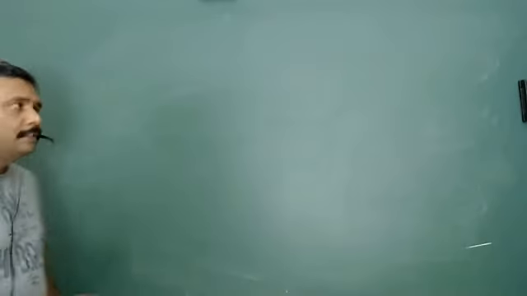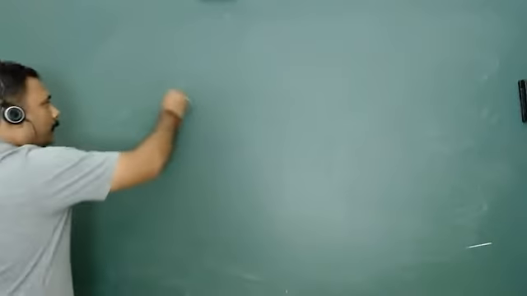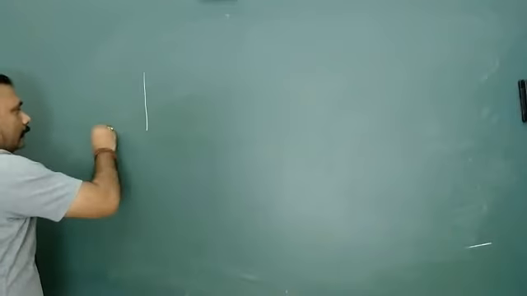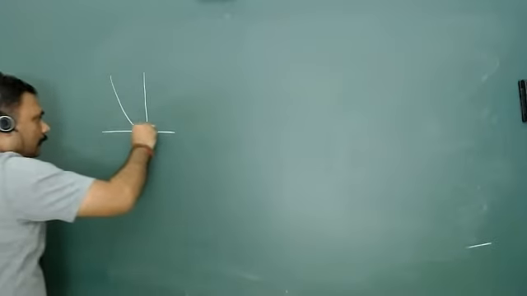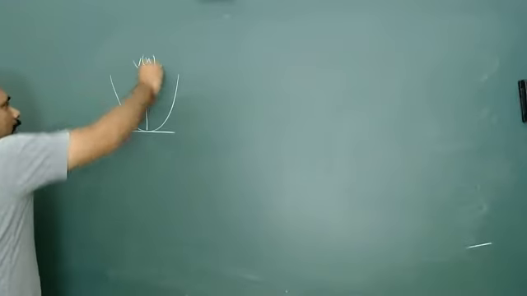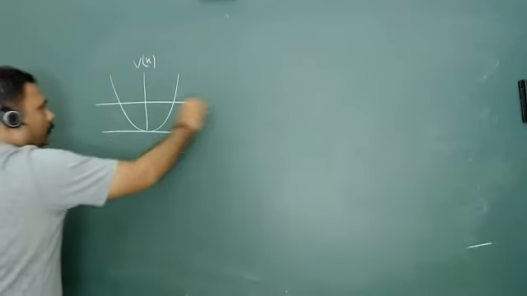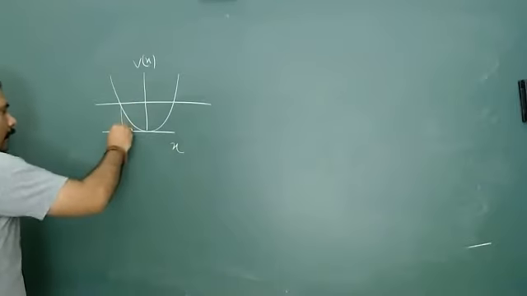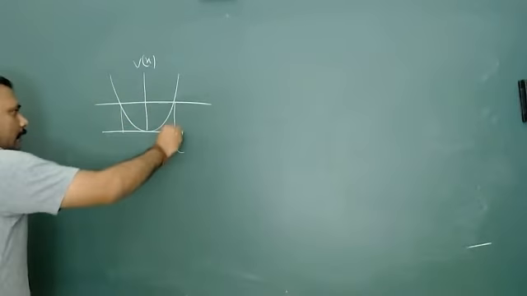So what we have seen is that for delta x, this is my V(x) versus x, and these two points are the turning points.